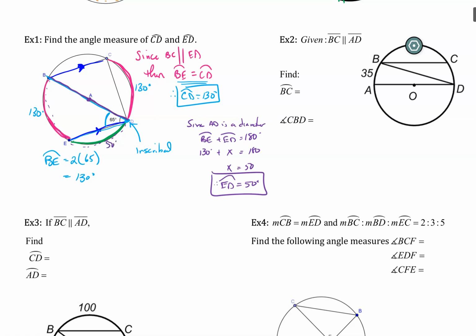Now, coincidentally enough, like I said before, we have enough information to actually prove that those two chords, BC and ED, are congruent to each other. Because if this is 130 and 50 on this side, notice that it's 130 and this other portion, BC, would end up being 50 also, because this is the other half of the circle.